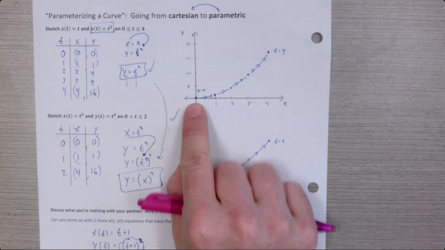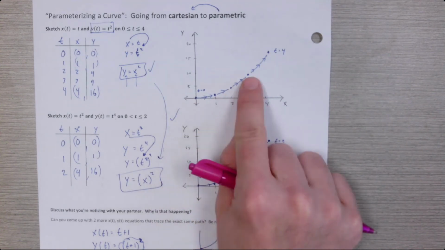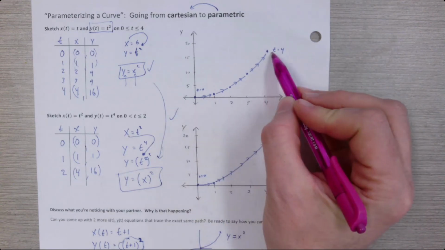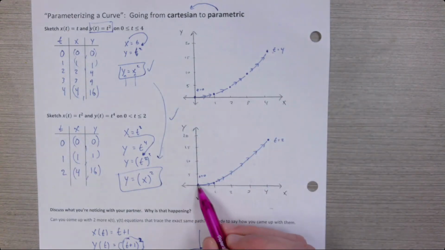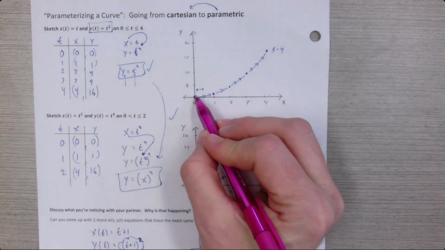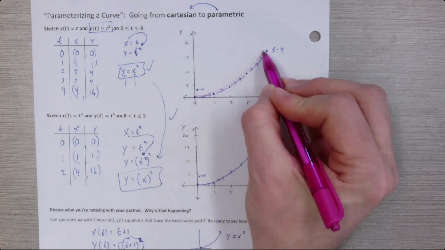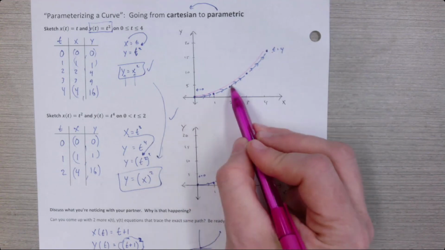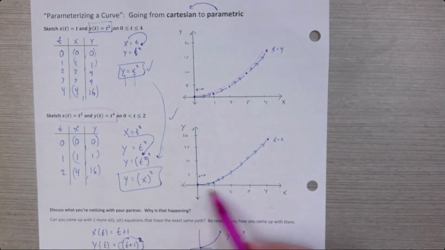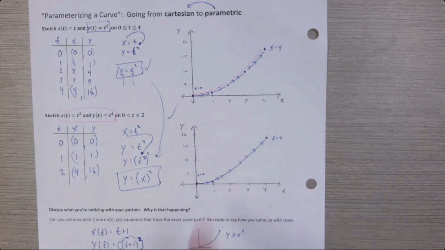Here, this was time 0, 1, 2, 3, 4. So it looks like I'm getting faster and faster, but it takes 4 seconds to go that way. Here's time equals 0, 1, 2. So in the time it takes a dot moving along this path to get just to here, this one has gone all the way. So this parameterization is the same shape path, but the movement along the path is different.